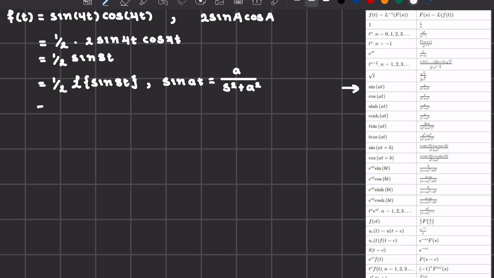And so we have our final answer to this example: 1 over 2 times sine of 8t, which is 8 over s squared plus 8 squared, which is 64. We can cancel this out, and our final answer will be 4 over s squared plus 64. Let's leave it at that.